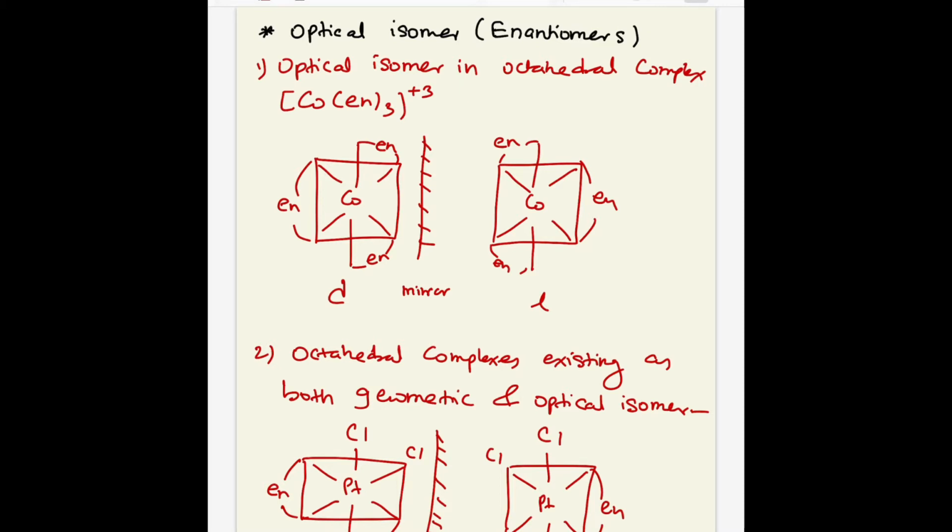Okay, if it is a D, then the other one is an L isomer.